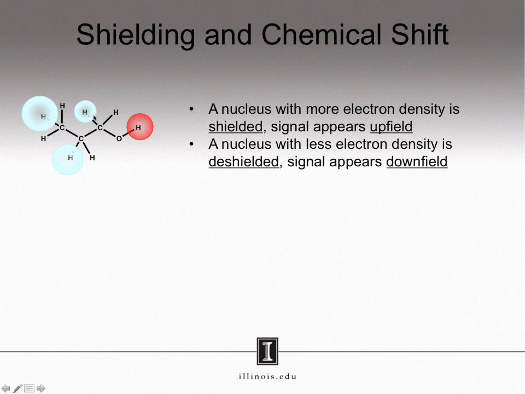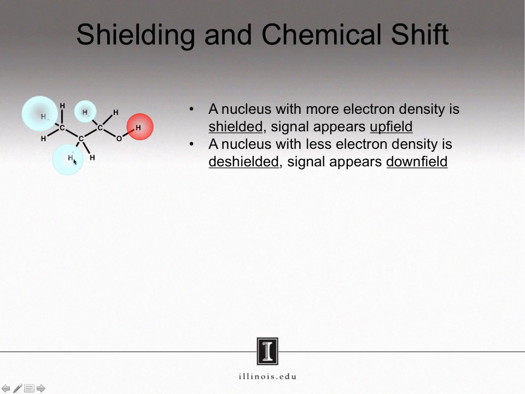Notice that it is quite close to this oxygen. Oxygen is electronegative. That means oxygen will pull electron density towards it. It is what we call an electron withdrawing group. That means this proton is losing electron density. This proton is deshielded.